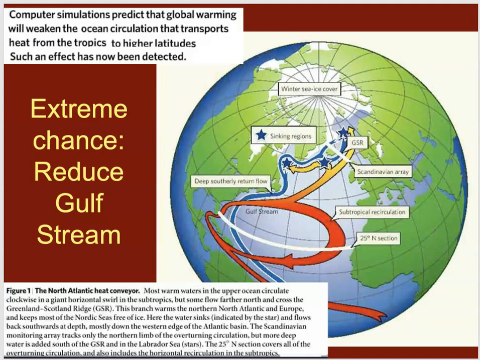It's a circulation system that transports warmth from the tropics towards the higher latitudes. It's a very important part of Earth's oceans and atmospheric circulation. So there's a chance that the ongoing changes in climate might reduce or shift this circulation system, reducing the Gulf Stream.